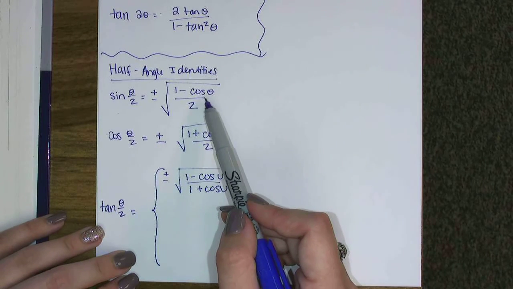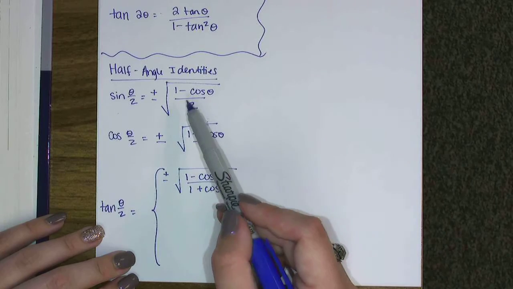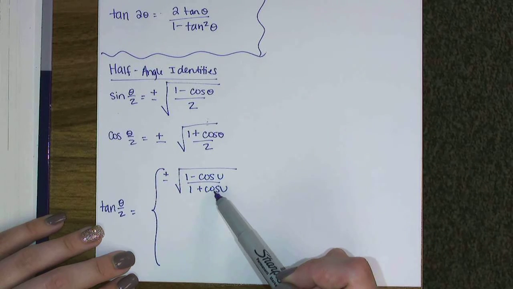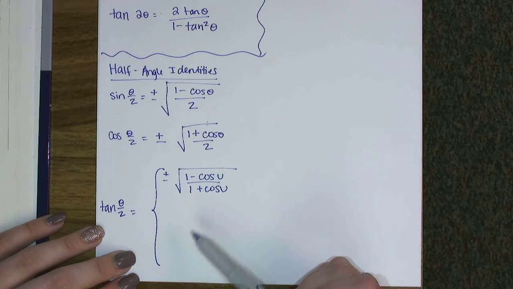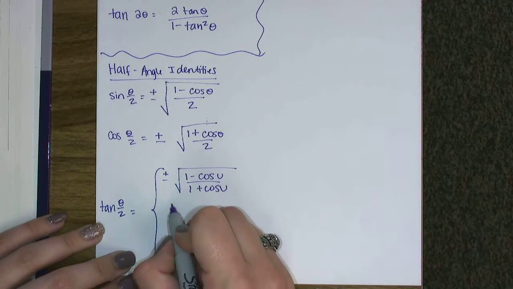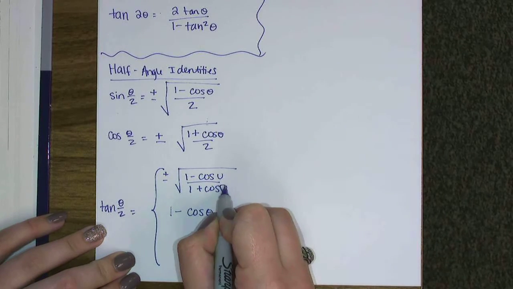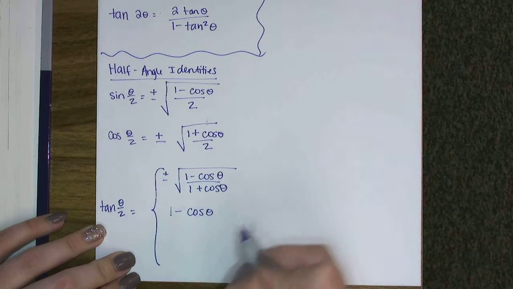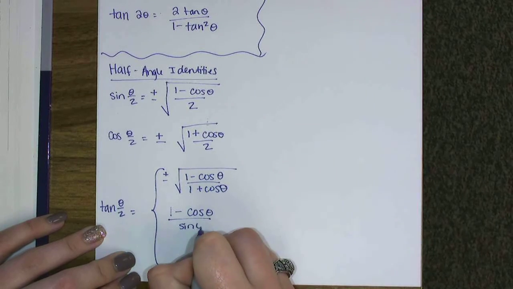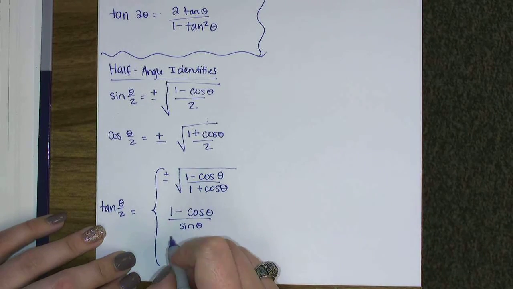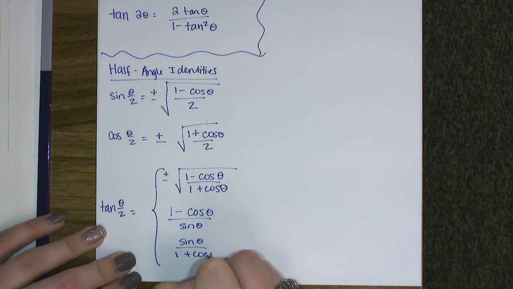Another option would be 1 minus cosine of theta over the sine of theta. And another option would be the sine of theta over 1 plus the cosine of theta. Those are some other options we have there.